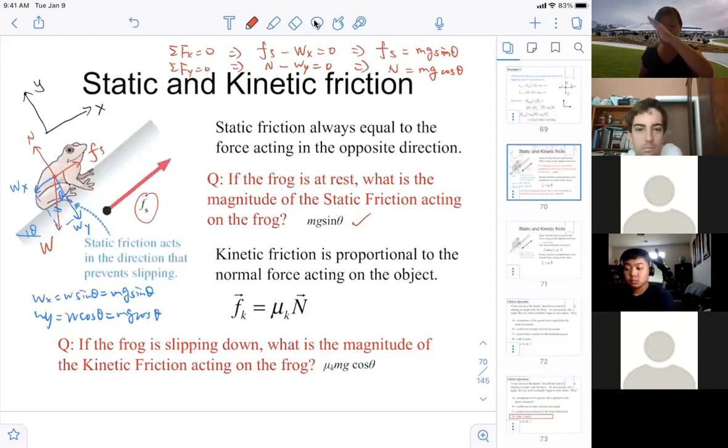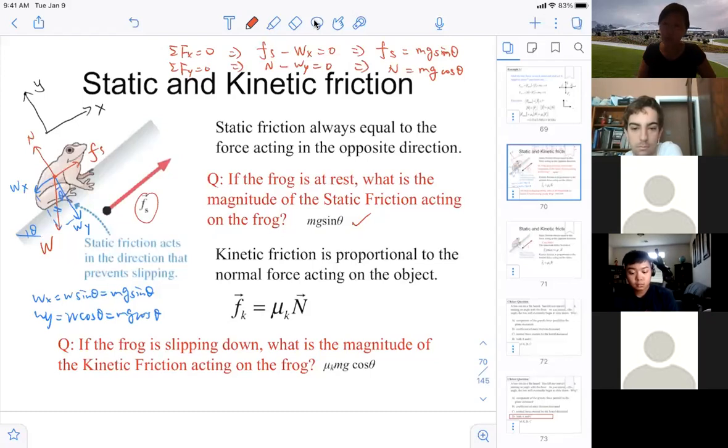But as your angle goes up, bigger and bigger, you need more static friction in order to prevent slipping. At some point, if your static friction cannot provide that mg sine theta of a force, then it's going to slide down. Okay, so that just shows you static friction can vary depending on the situation.